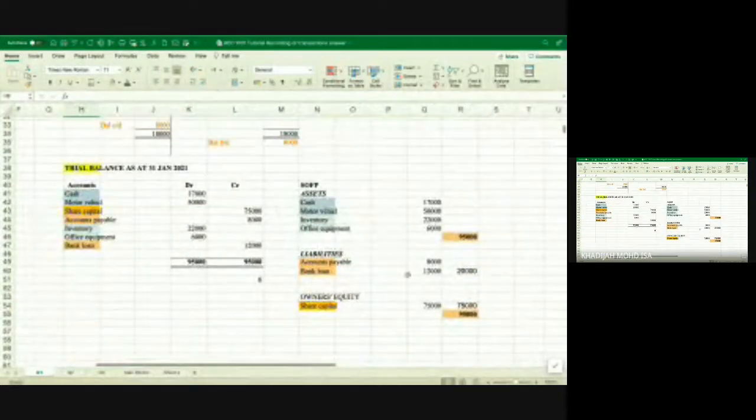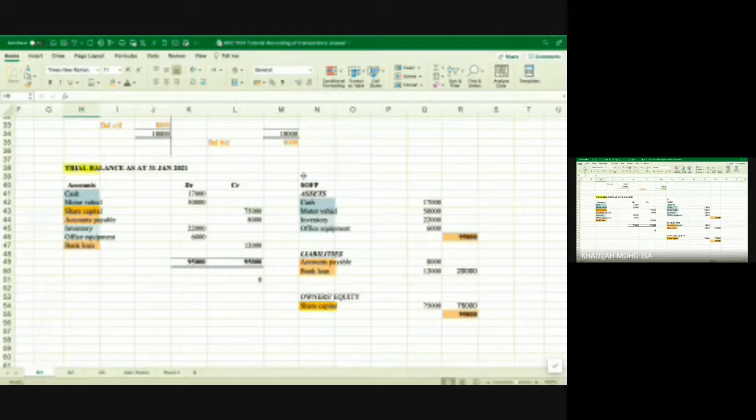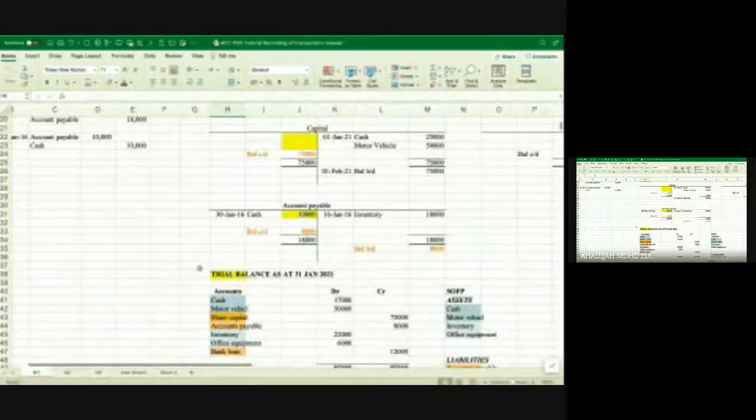This one is the additional, it's not required, because I just want to show you how from the trial balance you post to your SOP. You don't have profit and loss because there's no buying and selling, there's no income and expenses, right? So you only have SOP here. Okay, are you clear? Question?